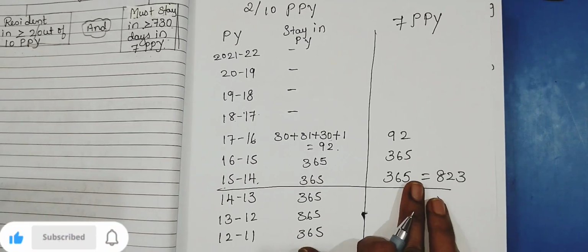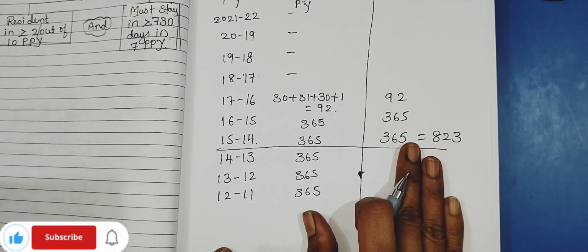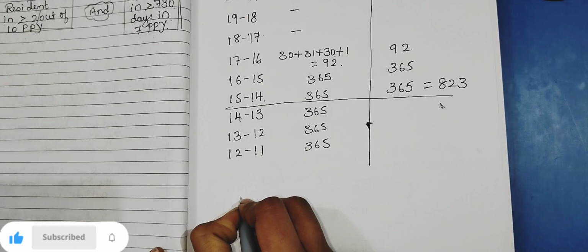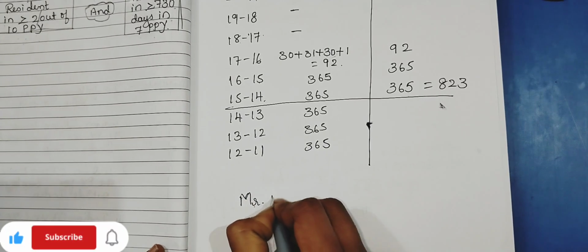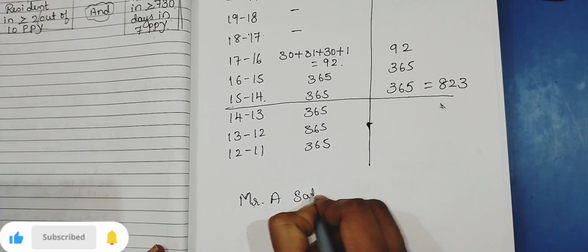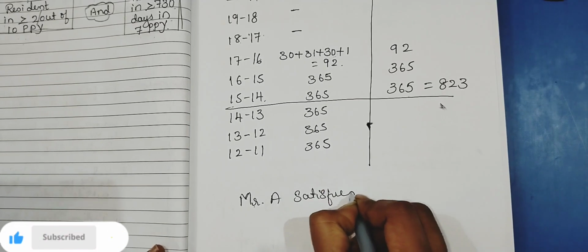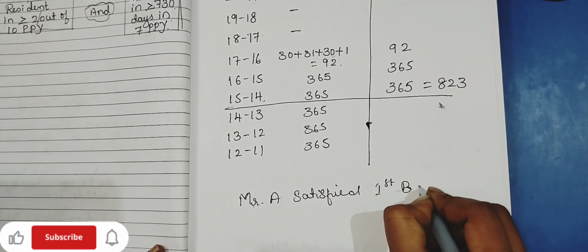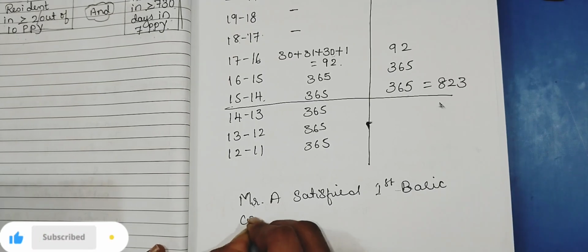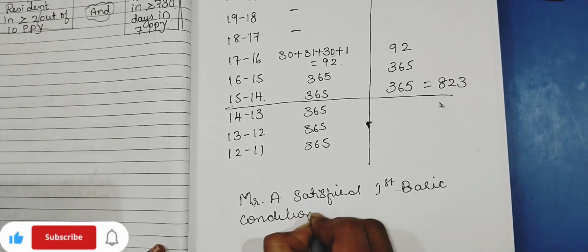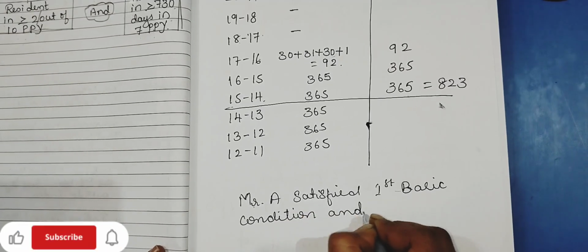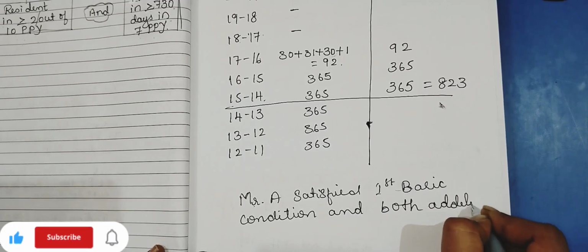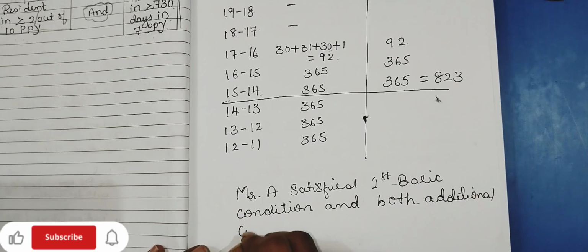He stayed. So he is a resident and ordinarily resident because Mr. A satisfied the first basic condition and both additional conditions.